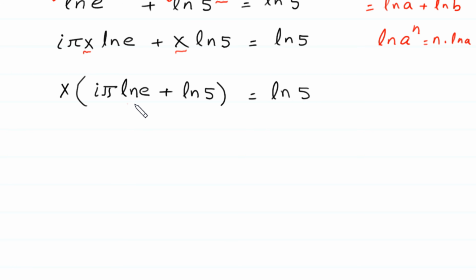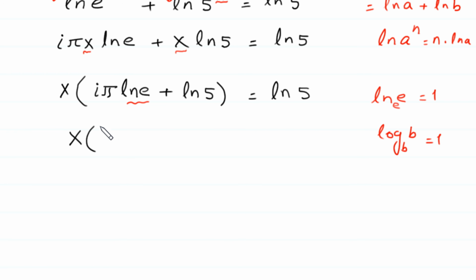Now this ln of e is equal to 1 because this natural log ln has base e here. And ln base e of e is equal to 1, as log base b of b is equal to 1. This property is same as this log property. So we replace this ln of e with 1.